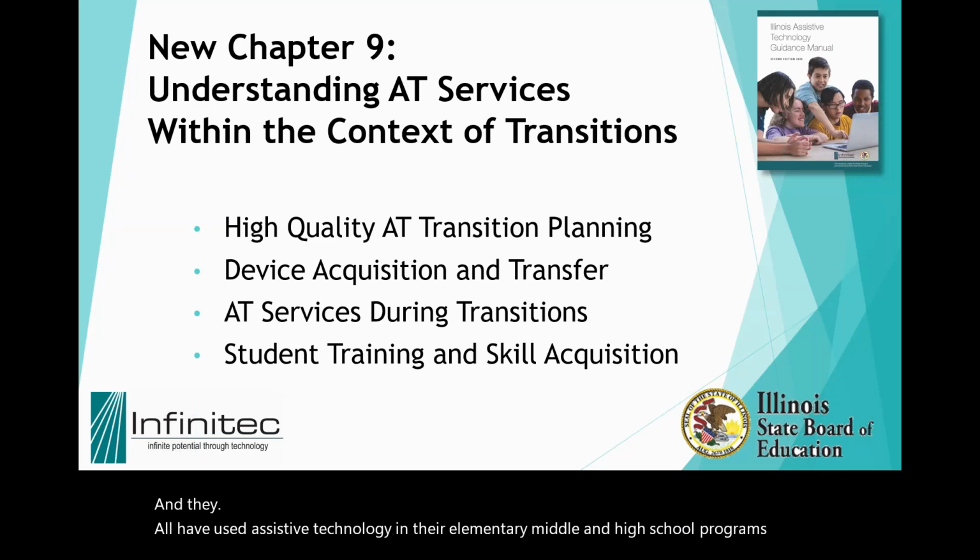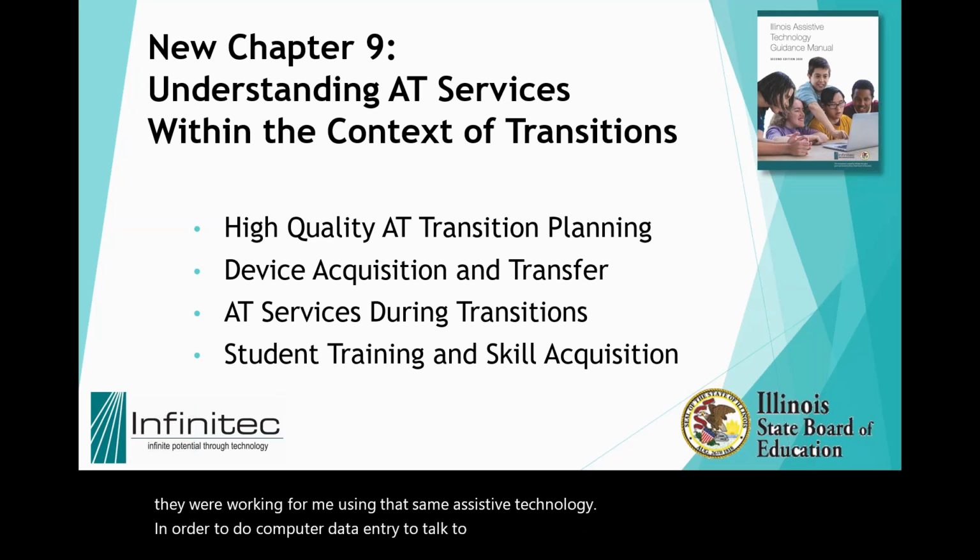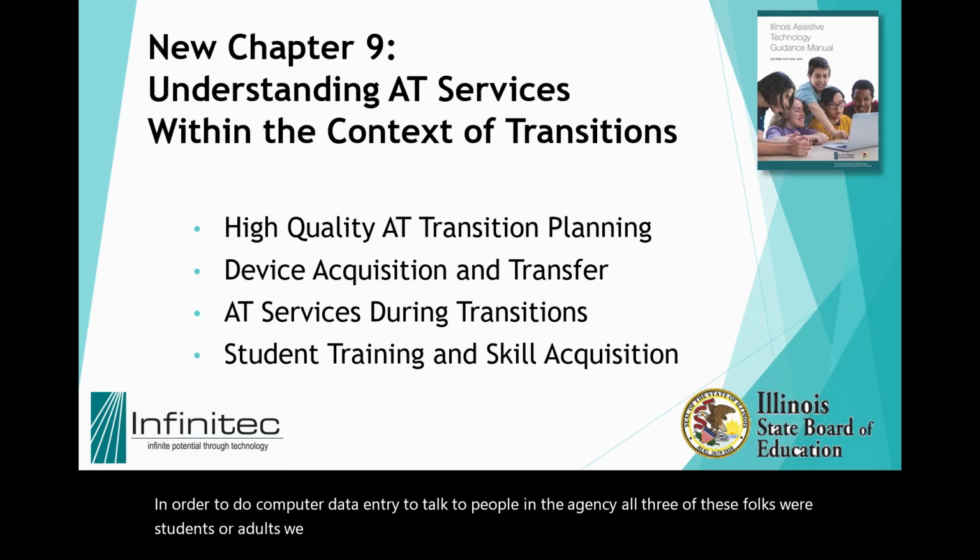And they all had used assistive technology in their elementary, middle, and high school programs. And they were working for me using that same assistive technology in order to do computer data entry, to talk to people in the agency. All three of these folks were adults who needed powered wheelchairs, who needed alternative computer access, needed augmentative communication devices.